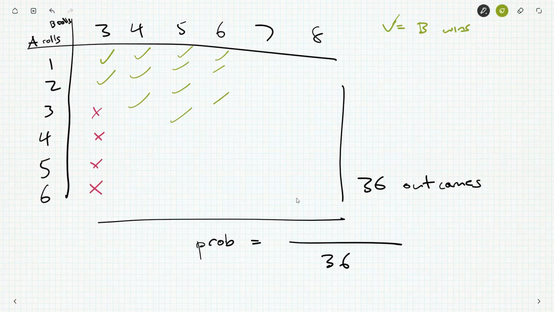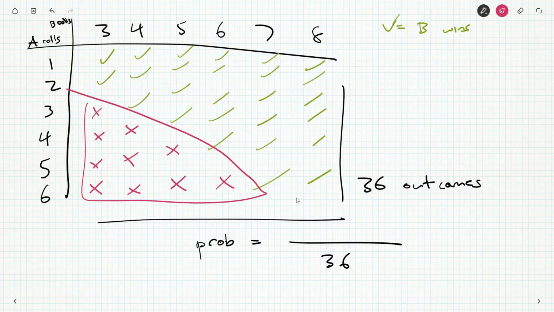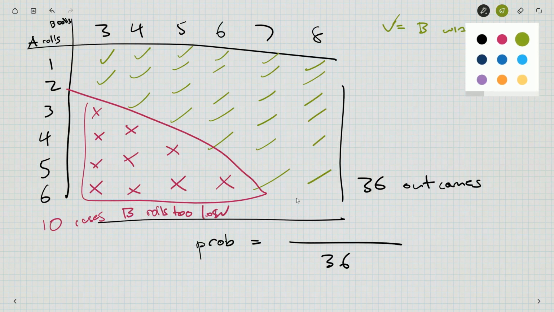If he rolls a 6, he'll beat everything up to a 5. And if he rolls a 7 or an 8, he will beat everything. Okay. And A will win except in these 10 cases where B rolls too low. And that means that we have 26 up here.